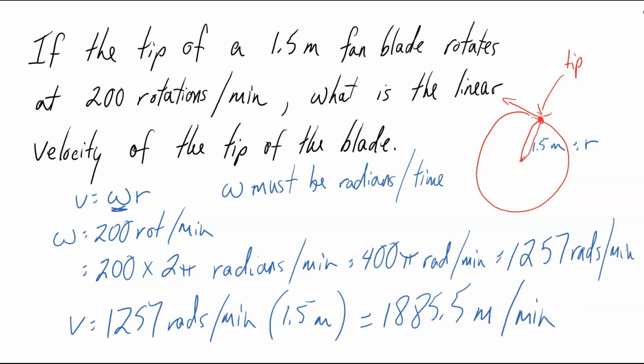So our unit is a linear measurement per time. The radians end up just canceling right out. All right, that's your examples for linear and angular velocity.